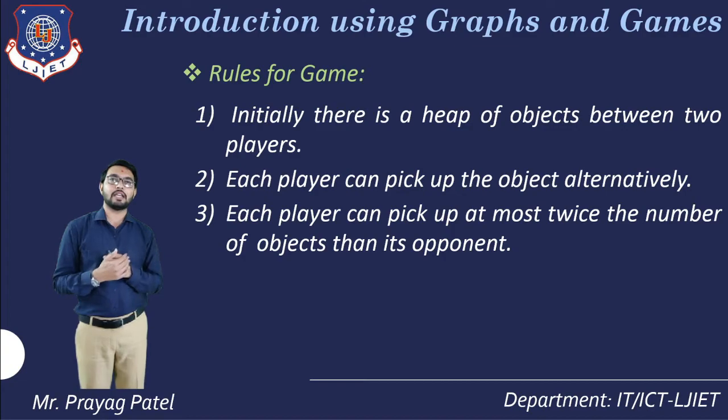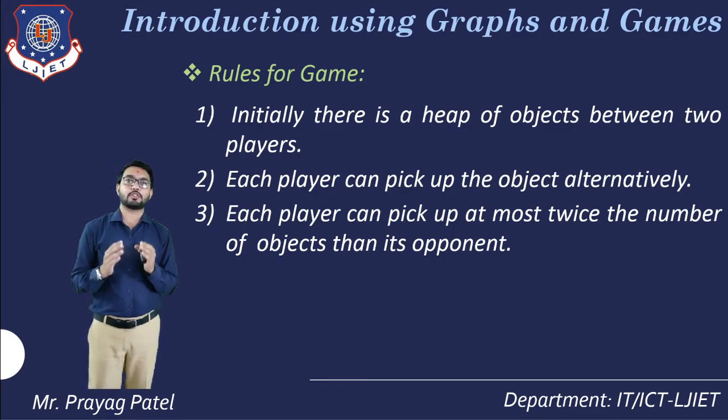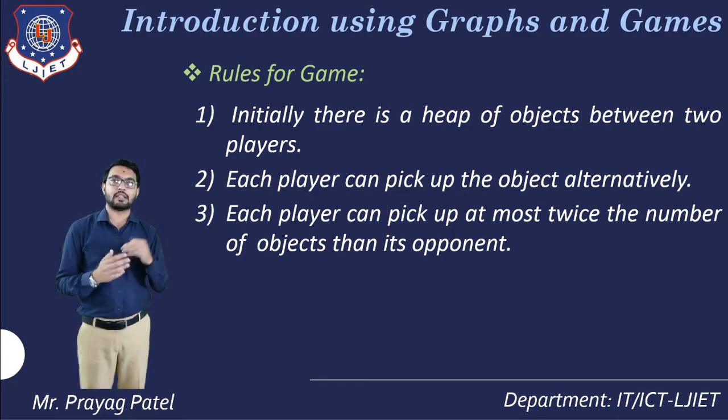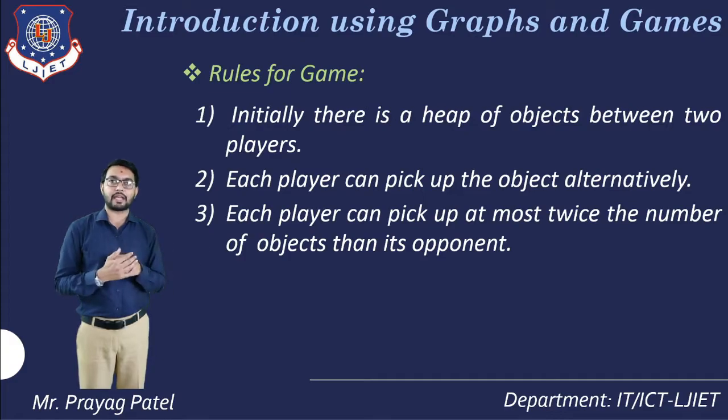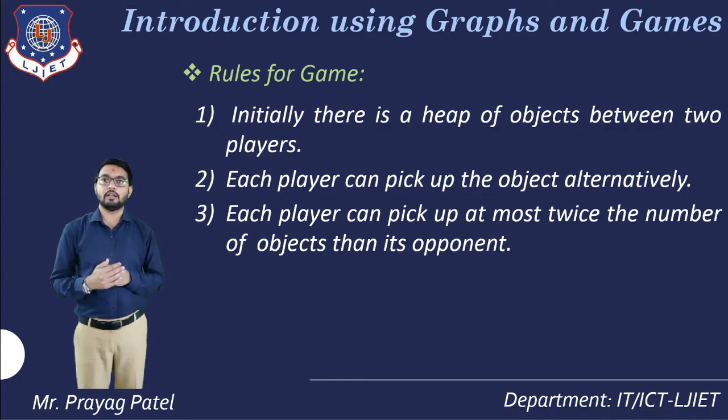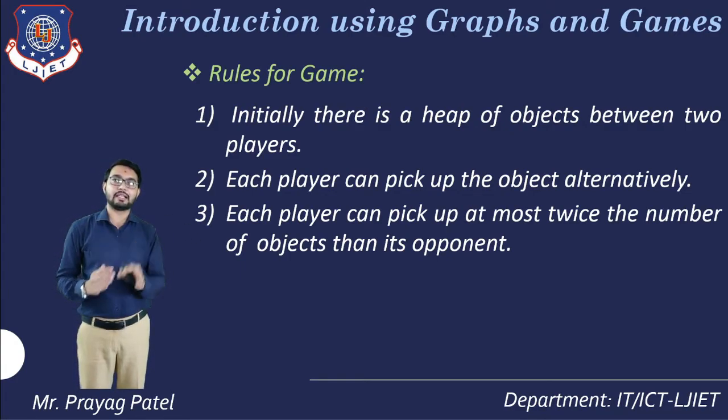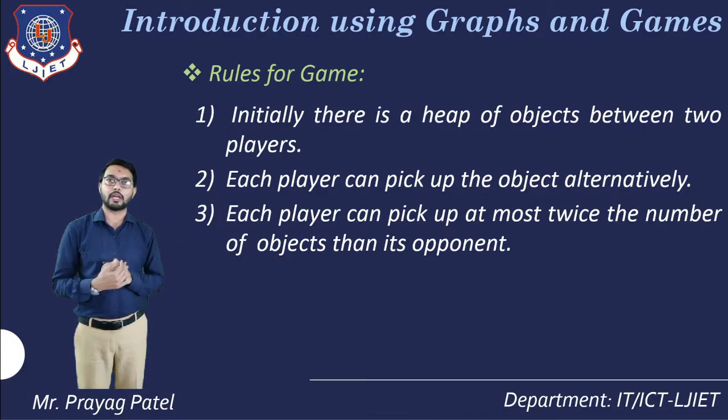Now third step is each player can pick up at most twice the number of objects than its opponent. Means if the first player picks up two objects, then the opponent, the second player, can pick up a maximum of 4 objects, not more than that. Or if possible, they may select less than the maximum of twice the objects.